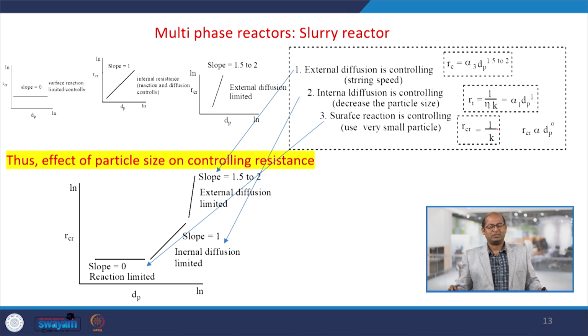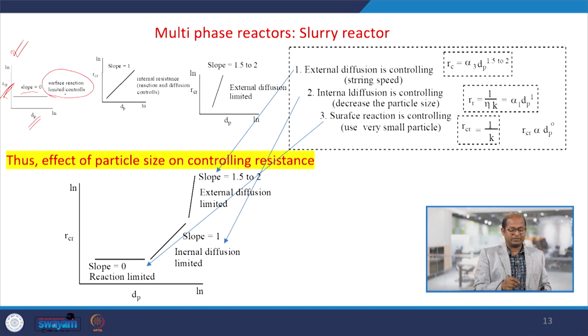Now, in these 3 cases we have considered: when the particles are very small, the resistance is due to diffusional resistance, and how particle diameter and resistance are related, the slope equals 0, and surface reaction is limiting. When the particles are of small to moderate size, the slope equals 1.